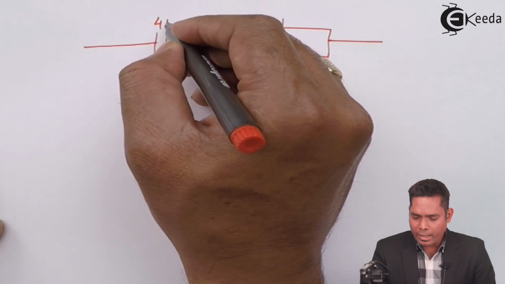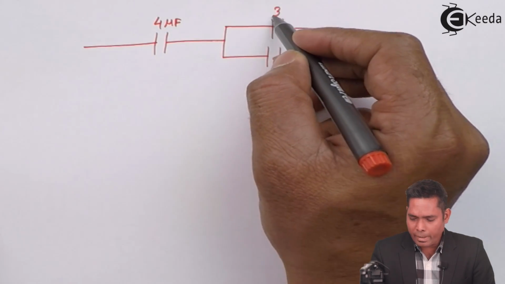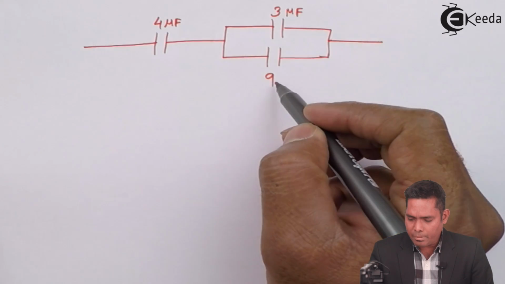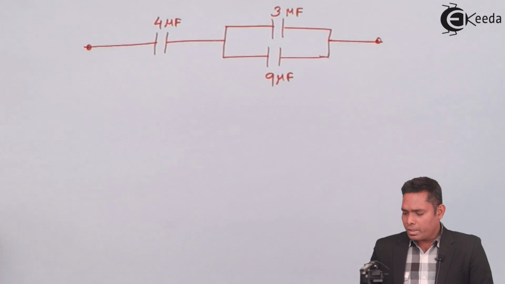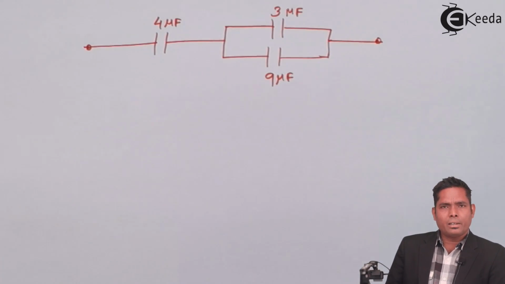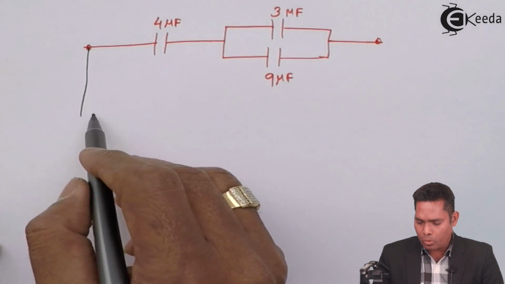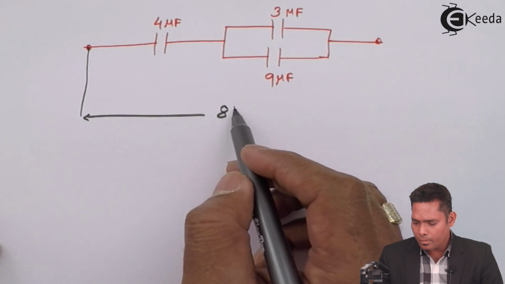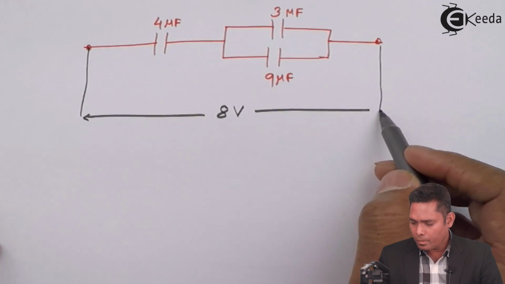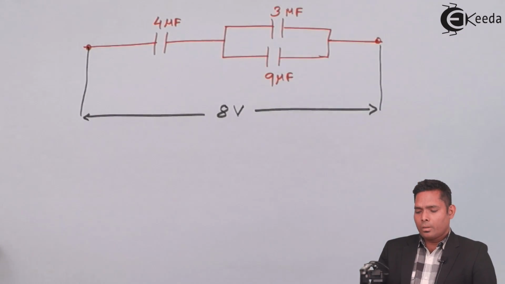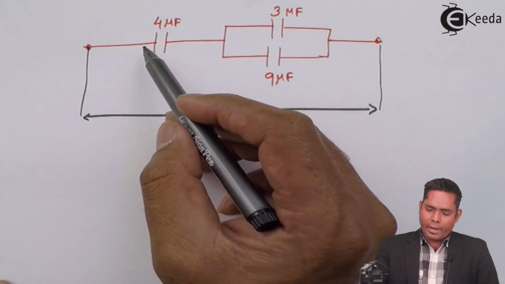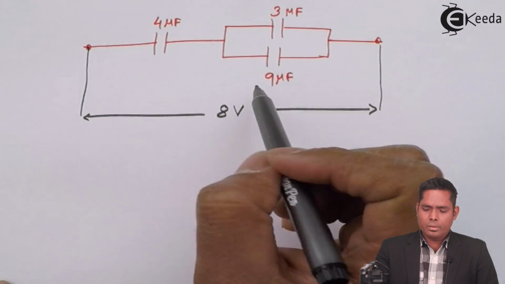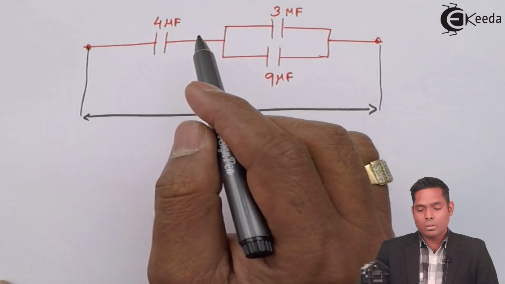This is 4 microfarad, this is 3 microfarad, this is 9 microfarad, and across these combinations the potential drop will definitely be 8 volt. Now what we have to do is find the equivalent capacitance of this combination.